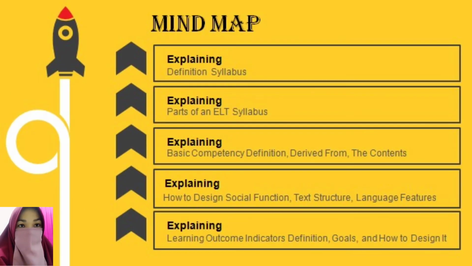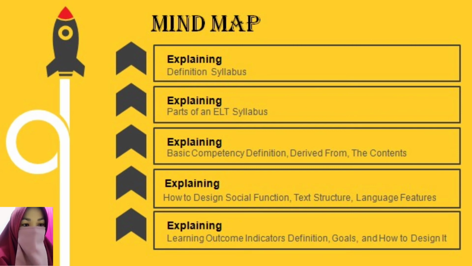Before we go into our discussion, let me share my mind map for focusing our discussion. First, we're going to explain the definition of syllabus. Second, we're explaining the parts of an English language teaching syllabus.